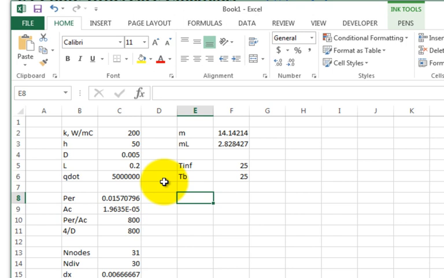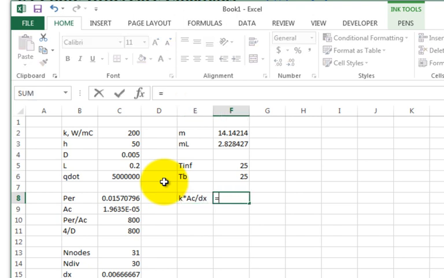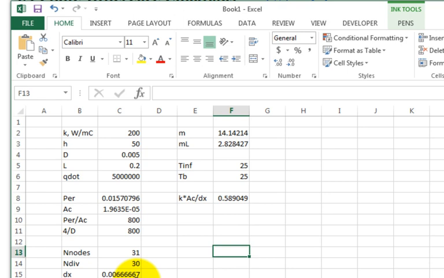And for our numeric solution, we're going to have K times the cross-sectional area divided by dx. Let's put that in as a parameter. You never changed the number of nodes? Back. I'll change it back right now then. 11. There you go.